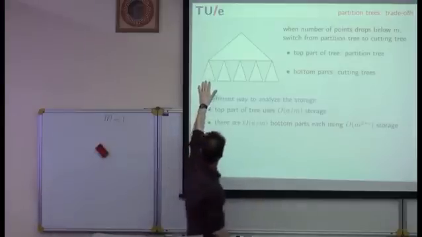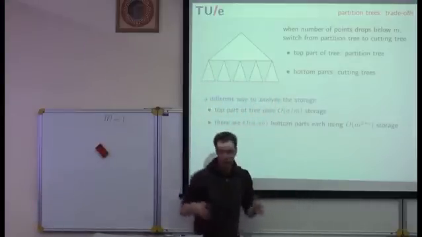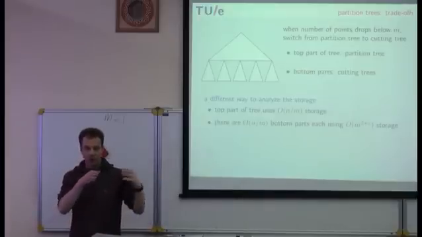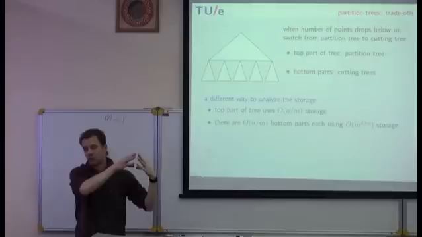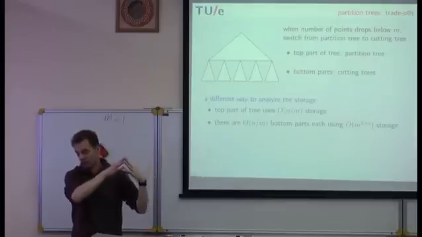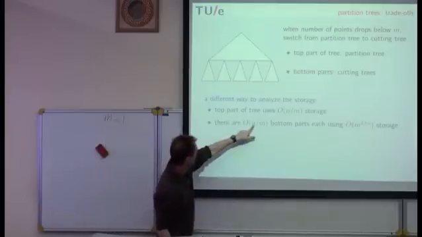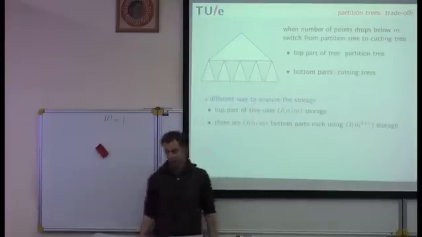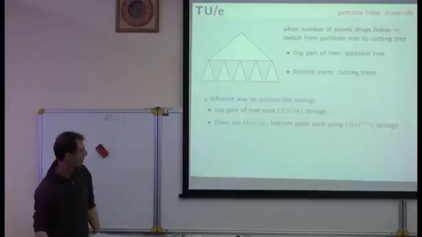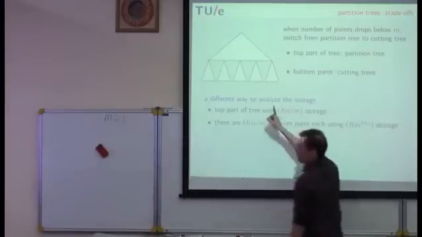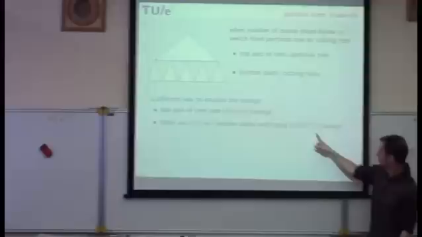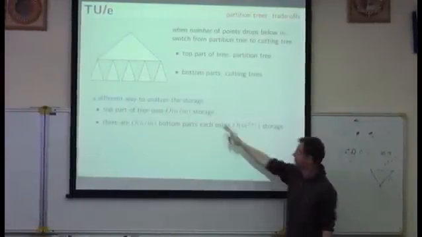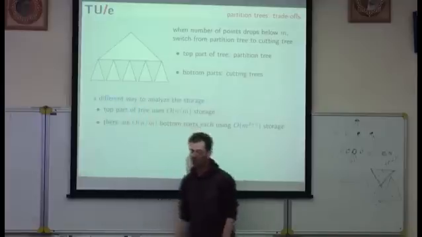For the bottom parts, how many of these bottom parts do I have? Well, each of them has m points, so I have n divided by m of these cutting trees here. Each of these cutting trees has m points, so it's m to the power 2 plus epsilon storage for each of these things.